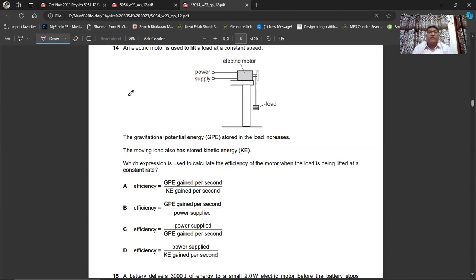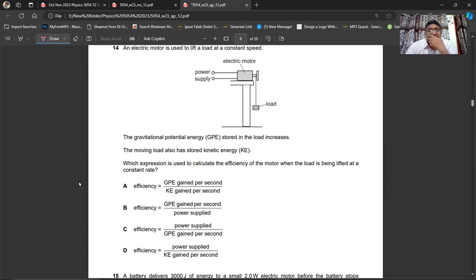So the useful thing which is happening here is the load is getting gravitational potential energy. So that is the useful power. Gravitational potential energy gained per second is the useful power. And the power supplied to the electric motor, that is the input power.